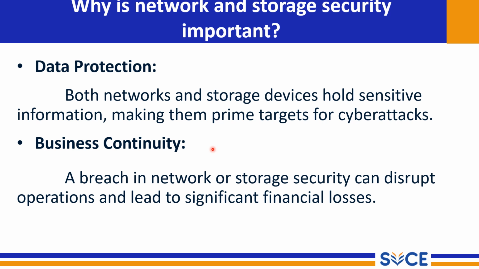What is meant by that is, in network or storage security, hackers may be doing some operations or running some algorithms, getting through the firewall and modifying all that data, which leads to a significant financial loss. So in order to overcome such things, we need network and storage security. These are the two important key values which are needed.